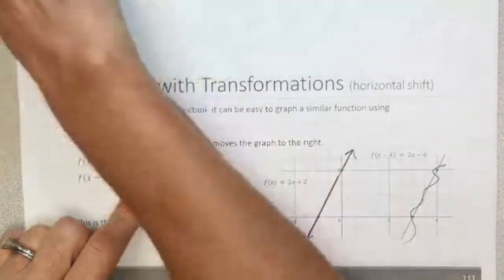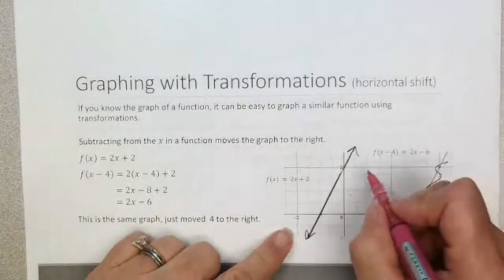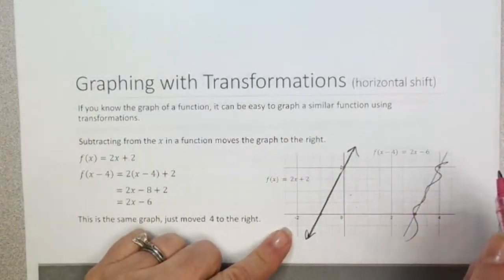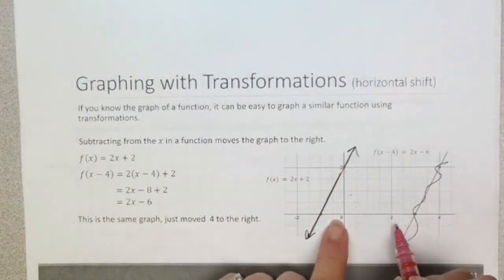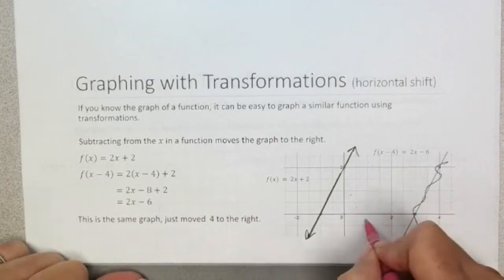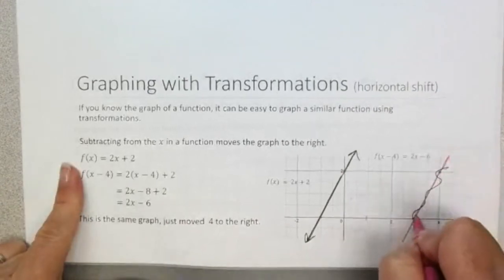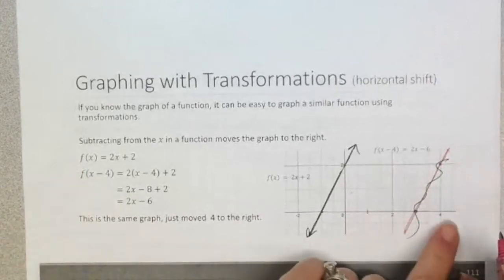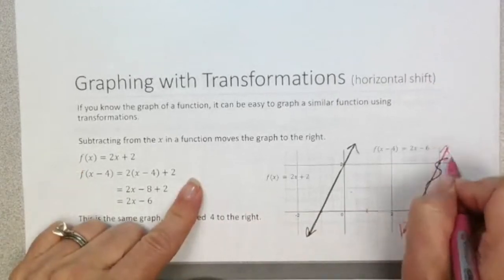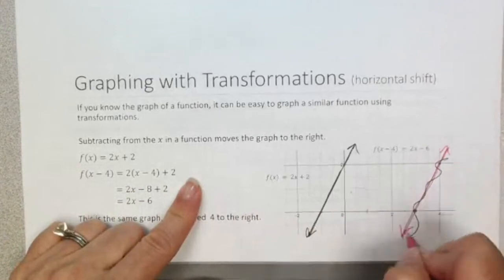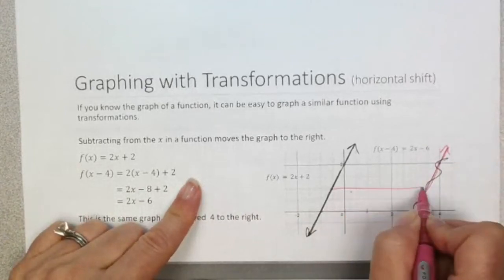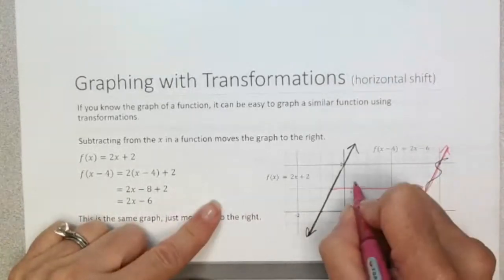Again, this graph is not correct. Oh, yes, it is correct. Oh, look, there's a 1, there's a 2, there's a 3. So it is correct, I apologize. I was thinking this was 1 and 2. So it shifts it over here to the right 4 units.